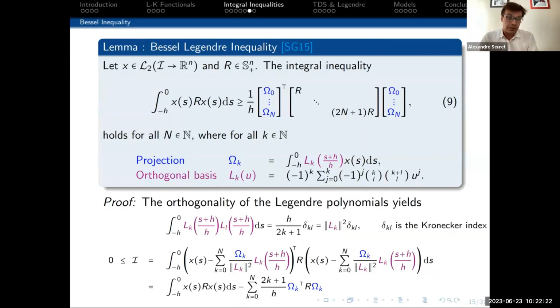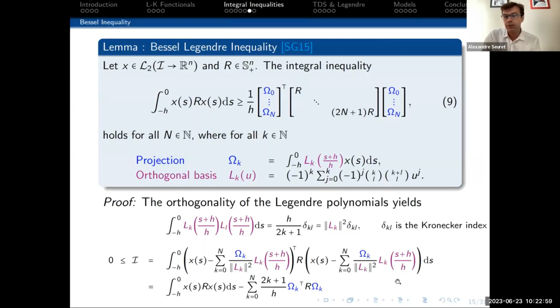So the proof is actually very simple and corresponds to a simple extension of the proof I presented of Jensen inequalities. So you have to compute the difference between x and its projection, so somehow its coordinates in the basis of Legendre polynomials. So basically what you get here, when you expand it, you have again the quadratic term in x that remains the same, and the cross terms between the polynomials.